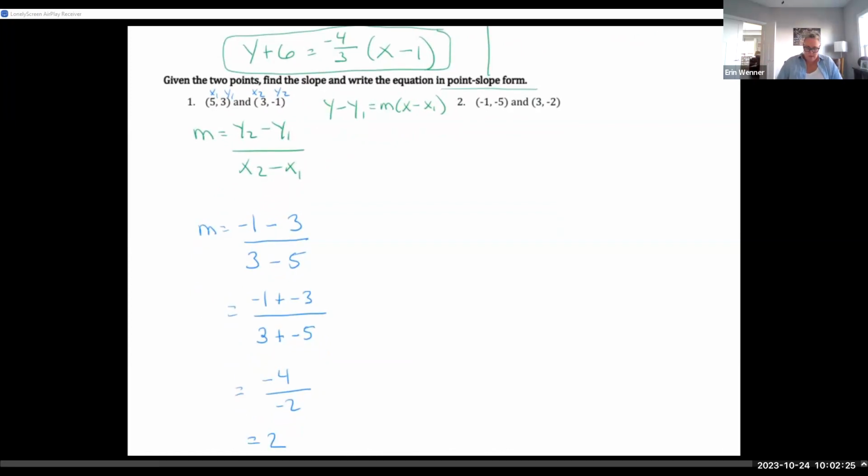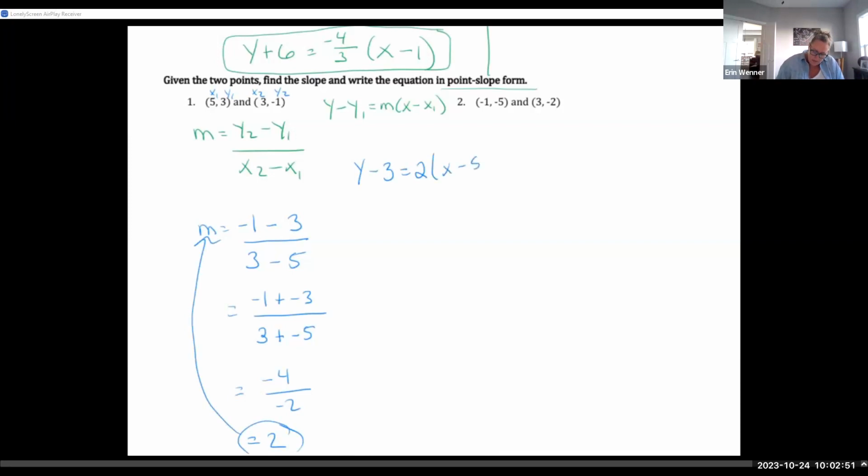Okay. And then you can use either point to write your equation. So moving back up top, I have an x1 and y1. We can use those. So we can say y minus 3 equals 2, that's the slope I found, times x minus 5. That is a valid equation here, okay?